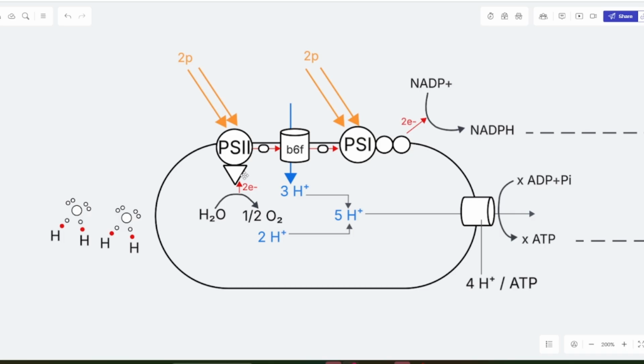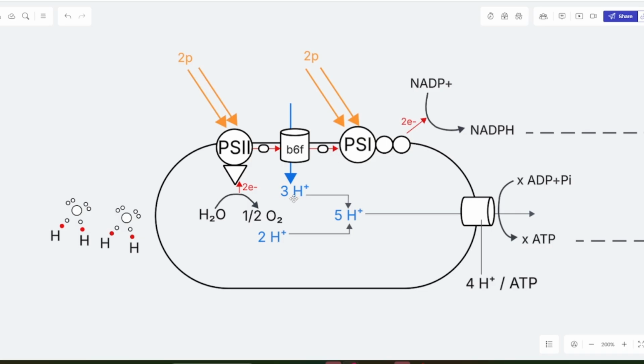And those 2 electrons are going to be excited in photosystem 2 by some photons, and those electrons are then going to reduce something called plastoquinone, which is represented by this little oval. And plastoquinone is going to grab some protons from the stroma, from this outside space, and then it's going to drop those protons off into the lumen while transferring the electrons onto the continuation of this electron transport chain.